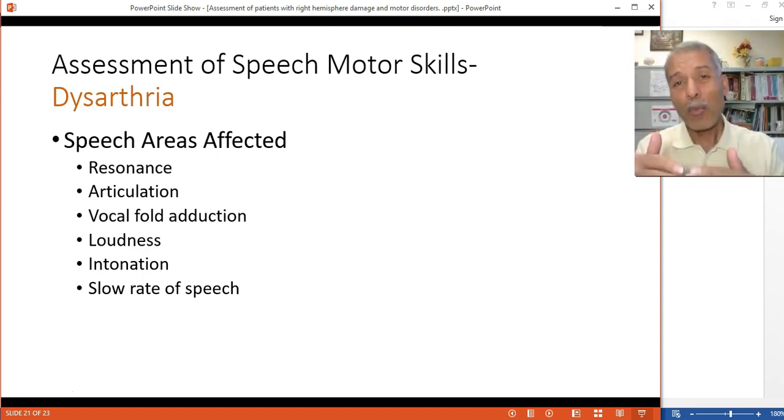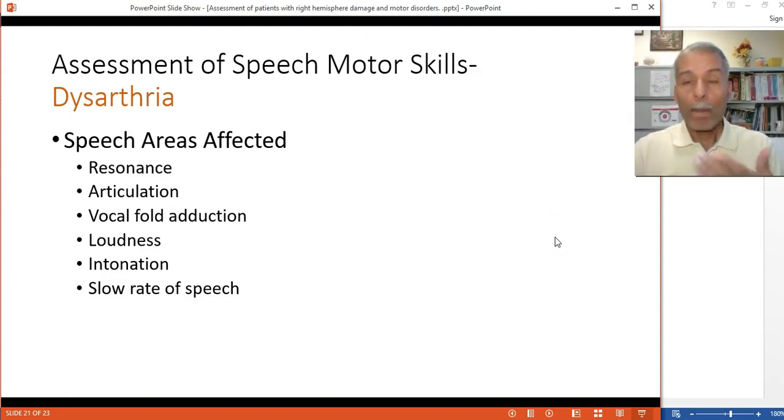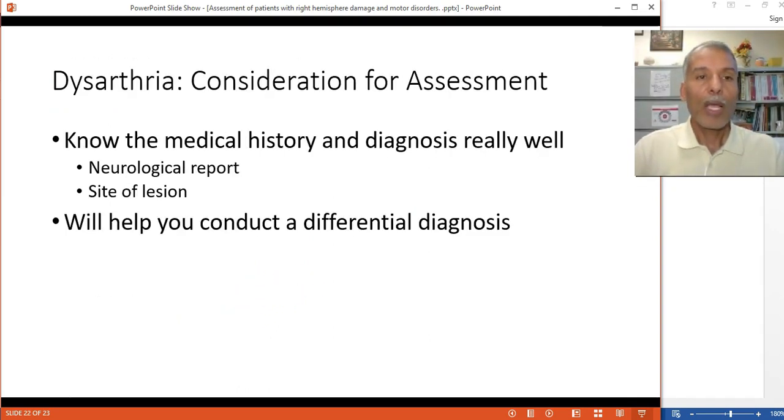The person is not able to make stress, to emphasize, or to make emotional expressions that show they are angry or happy or excited, not because of right hemisphere damage, but because the air supply is decreased and they cannot produce emphasis. So that is an area that is impacted. But again, it is different from right hemisphere damage.